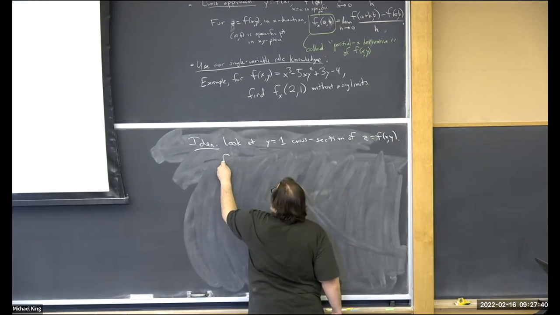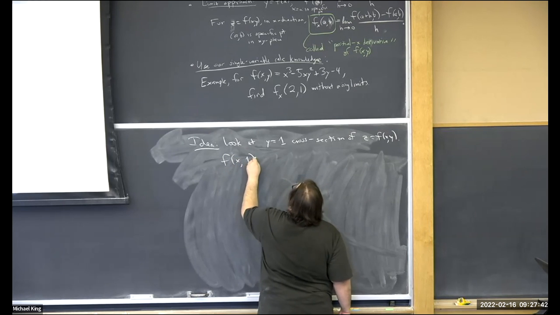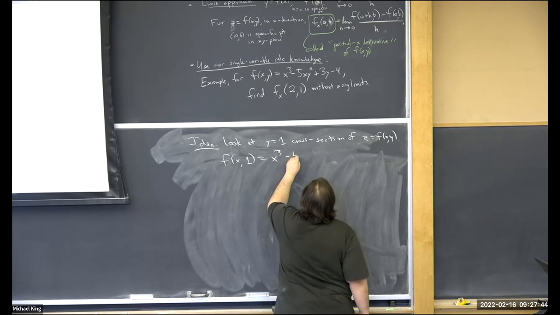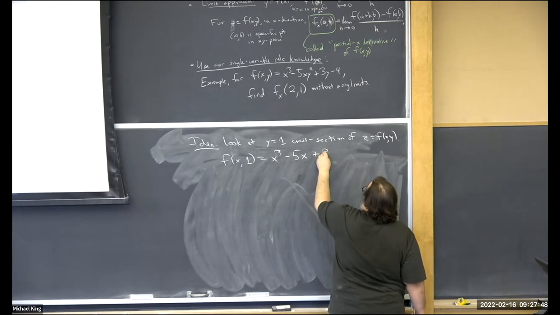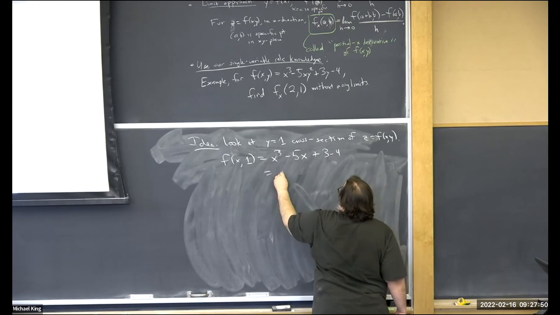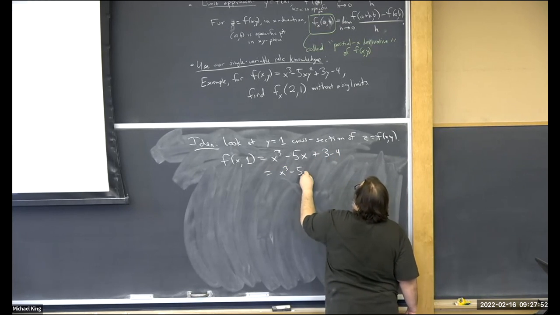So f of x comma 1 is x cubed minus 5x plus 3 minus 4. So that's just x cubed minus 5x minus 1.